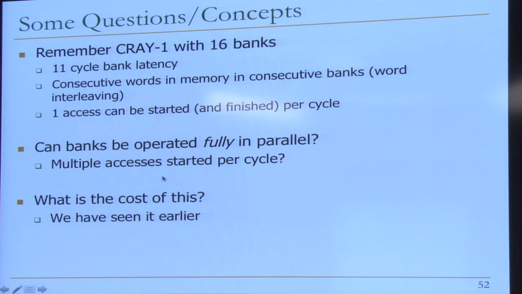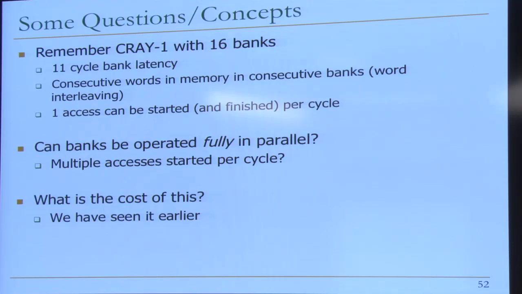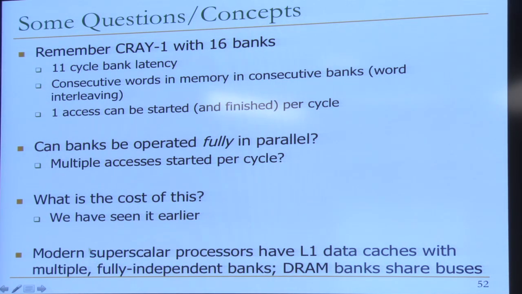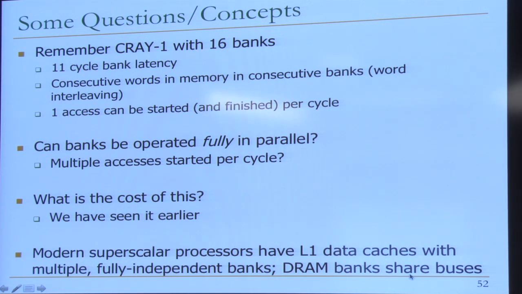So the cost of this, we've seen it earlier, actually. Remember when we talked about high bandwidth memories? You can have true multiporting, for example. Or you can duplicate and have two totally separate banks, right? So the cost of this is relatively high. If you look at modern processors, they have L1 data caches with multiple fully independent banks, whereas DRAM banks share the address, command, and data buses.